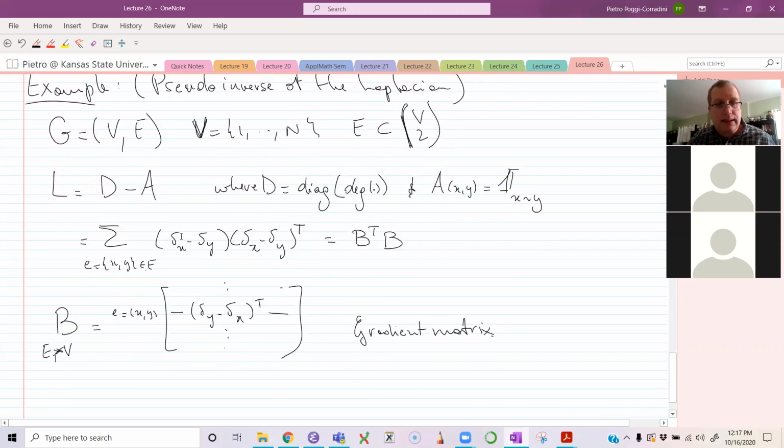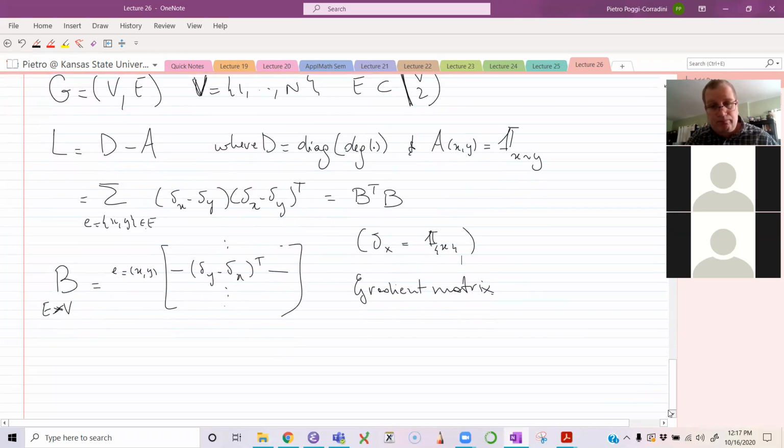These delta x here is the indicator of the node x. It's either 0 or 1, so it's a function on the vertices.